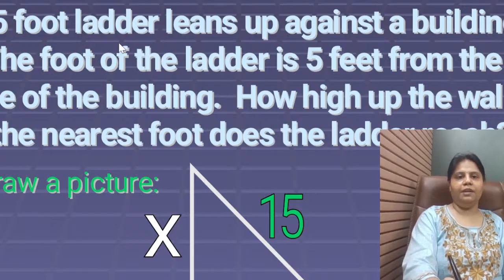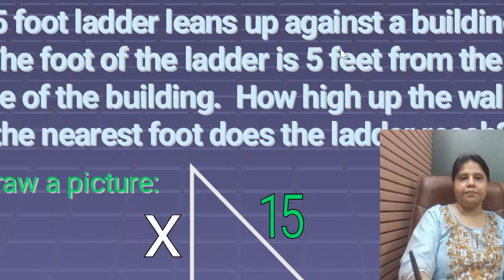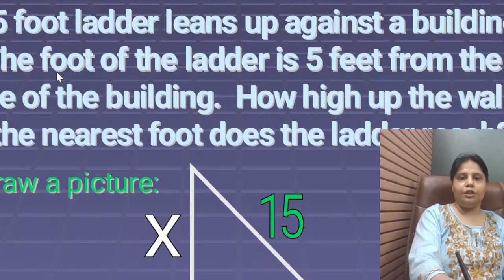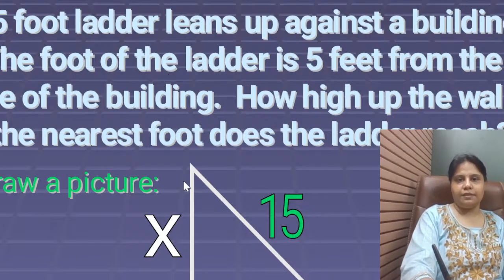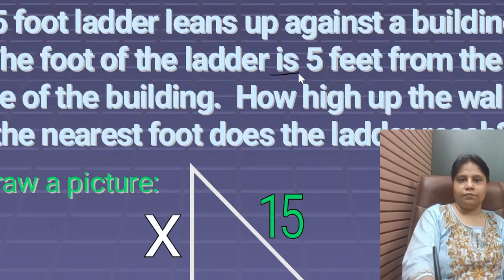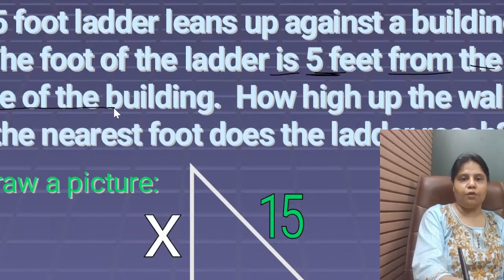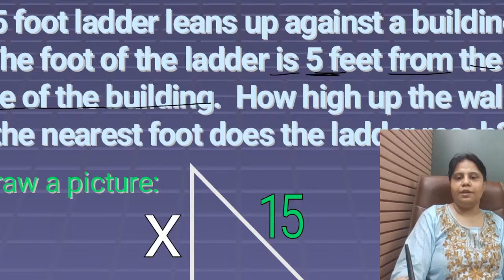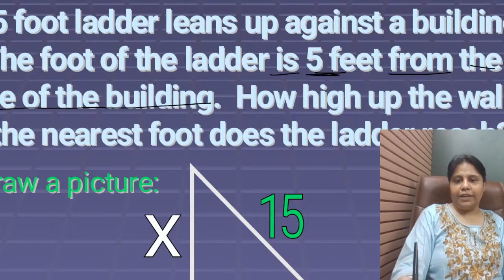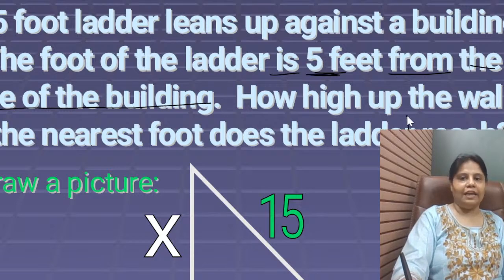Now, a 15-foot ladder leans up against a building. The foot of the ladder is 5 feet from the base of the building, and how high up the wall, to the nearest foot? So how high up the wall, like this.